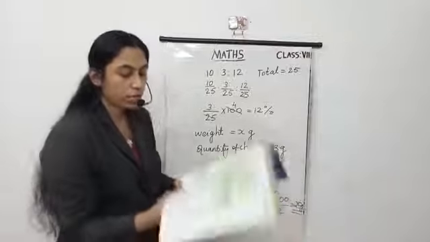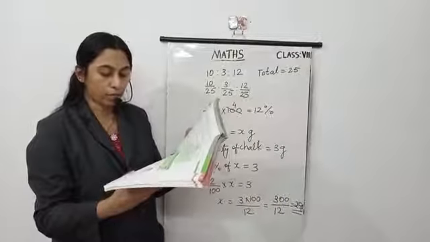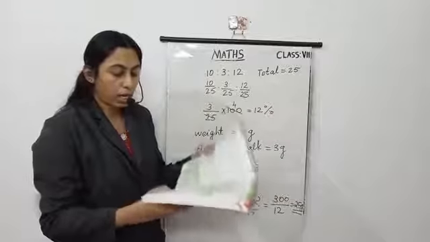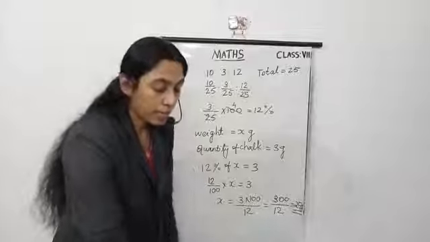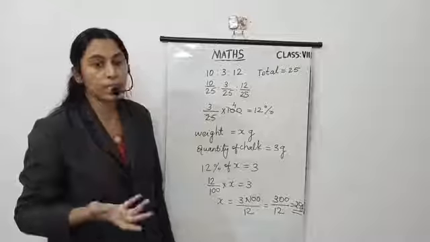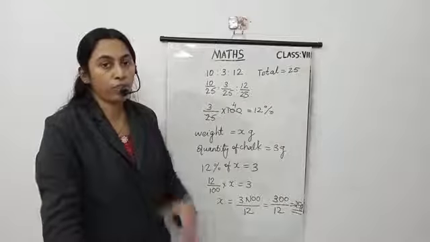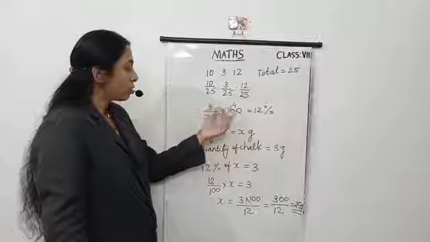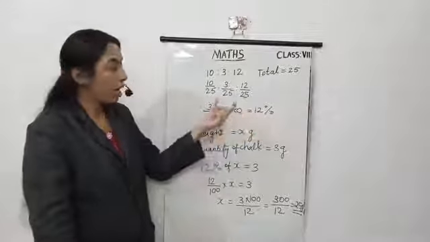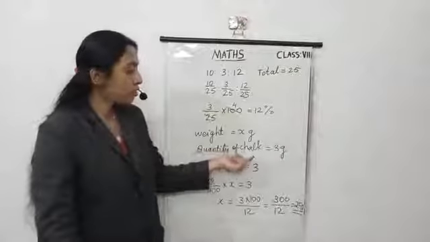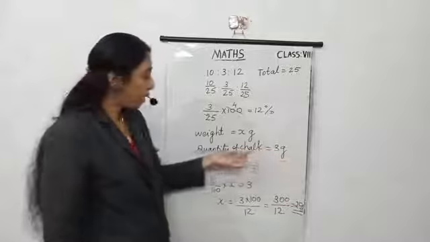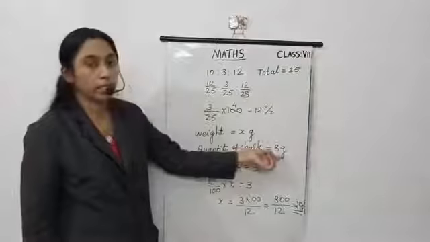Now the second question is: in a stick of chalk, carbon is 3 gram, what is the weight of the chalk stick? We need to find the weight of the chalk. So we know in a stick carbon is 12 percent, and the quantity of carbon in a chalk is 3 gram.